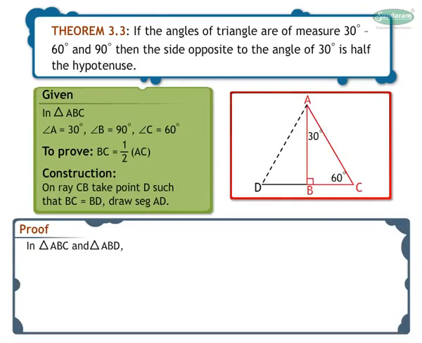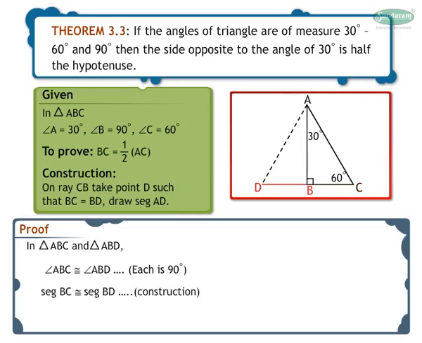In triangle ABC and triangle ABD, angle ABC is congruent to angle ABD as each angle is of 90 degrees. According to construction, segment BC is congruent to segment BD. Segment AB is congruent to segment AB as they are the common side.